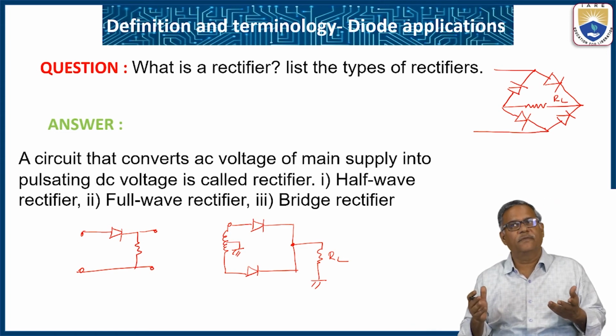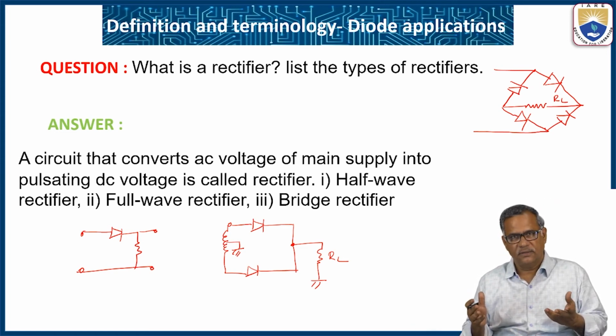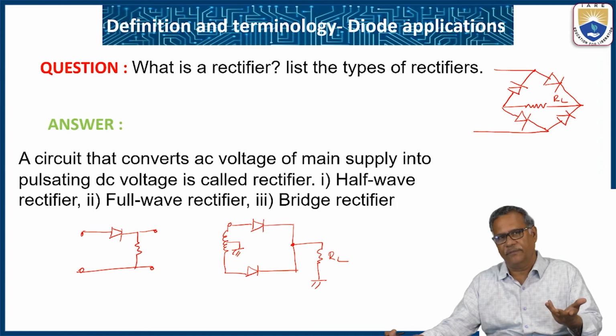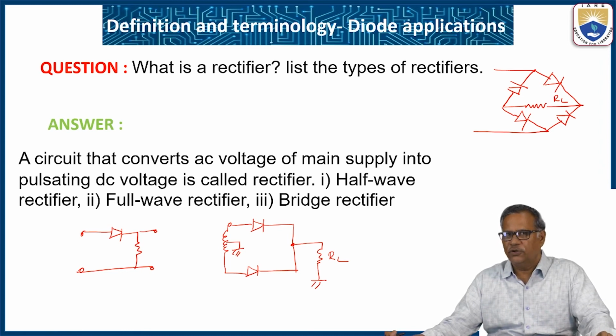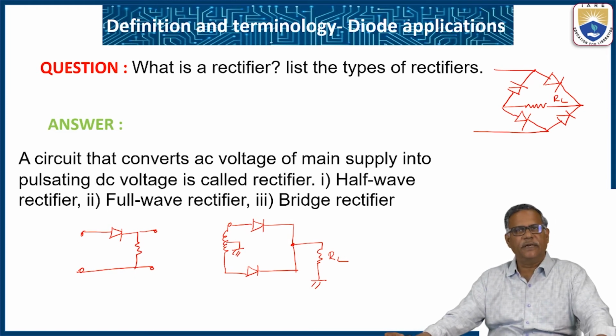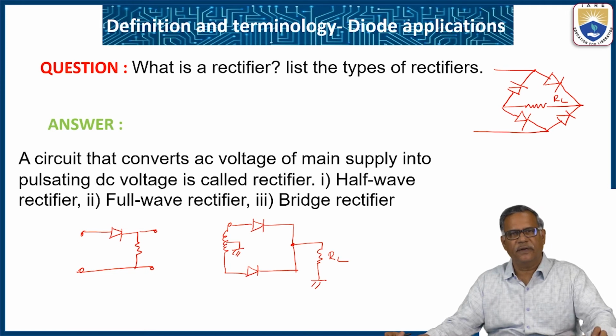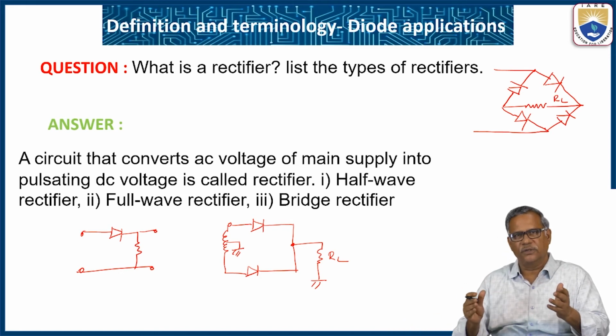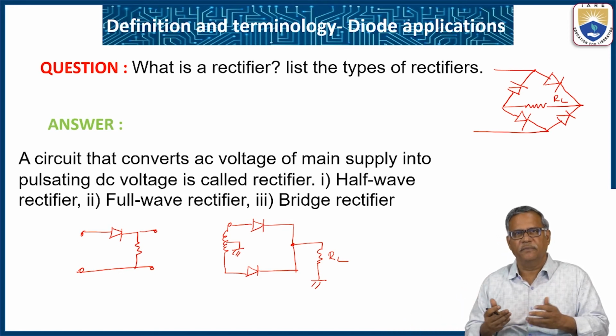The main advantage of bridge rectifier is the PIV voltage is only Vm, but in full wave rectifier the voltage is 2 Vm. So you need to use diodes with higher rating in the case of full wave rectifier. Bridge rectifier overcomes this disadvantage because it uses 4 diodes. So the peak voltage 2 Vm is shared between 2 diodes. So the peak inverse voltage is Vm in the case of bridge rectifier.